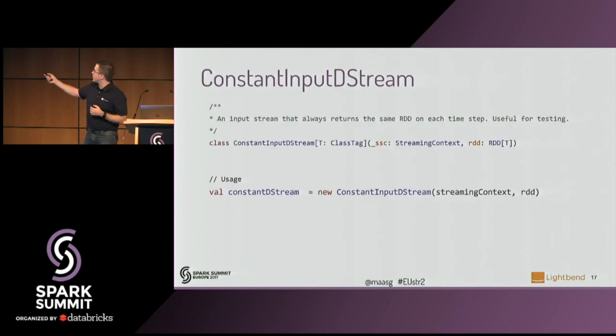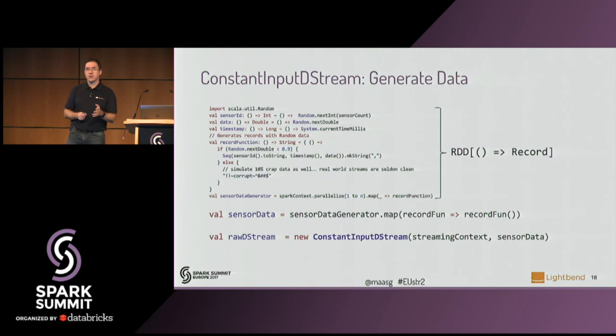And for that, we use a ConstantInputDStream. It's a programmatic facility in Spark Streaming that lets you give it an RDD, and you get a DStream out of it with the same values every time. And then we might directly discard it, because what do I do with the same values every time? Well, the trick here is that it's the same RDD, but it doesn't have to be the same values. We can have RDDs of functions that generate data.